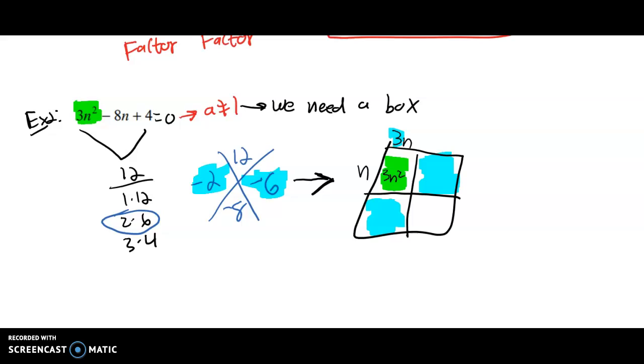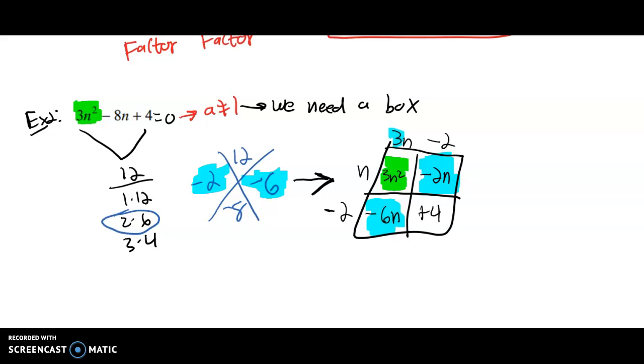That is definitely not 2, but 6 would work. So I've got minus 6n here, minus 2n here. 3 times what is negative 6? That's negative 2. N times what is negative 2? That's negative 2. And then in the bottom right corner, I have positive 4.